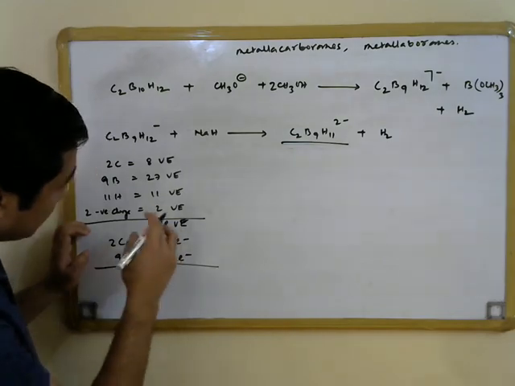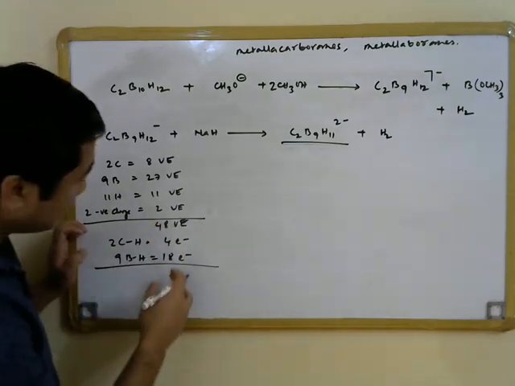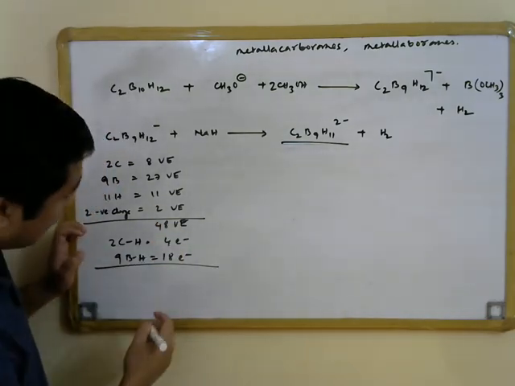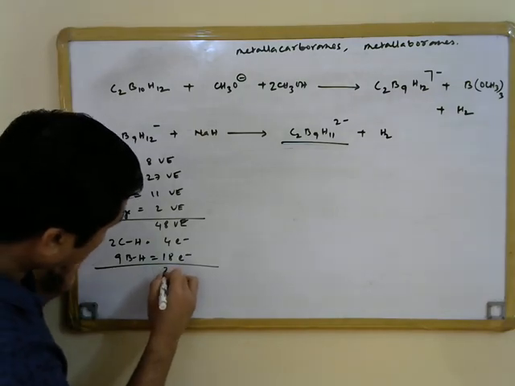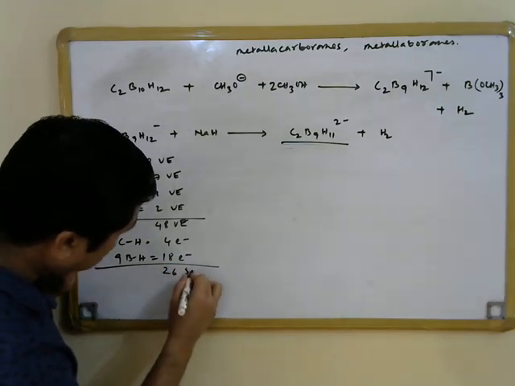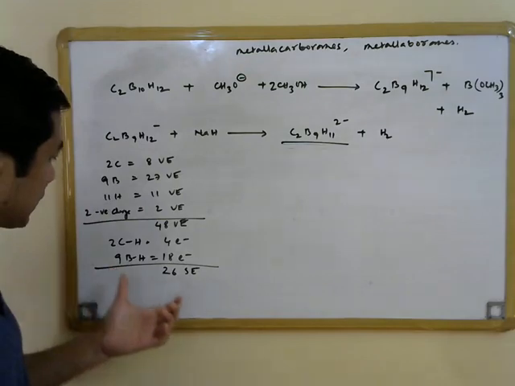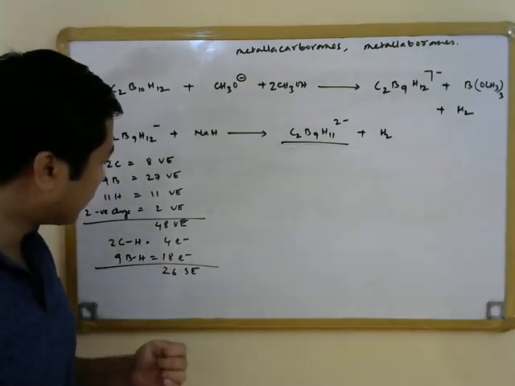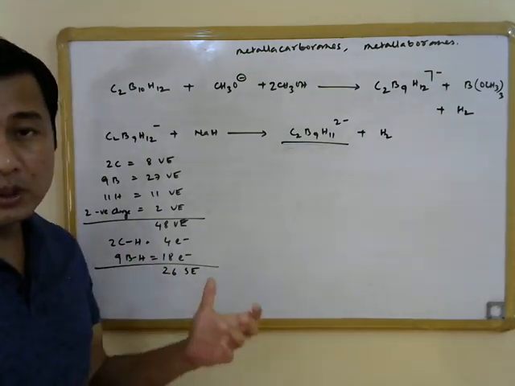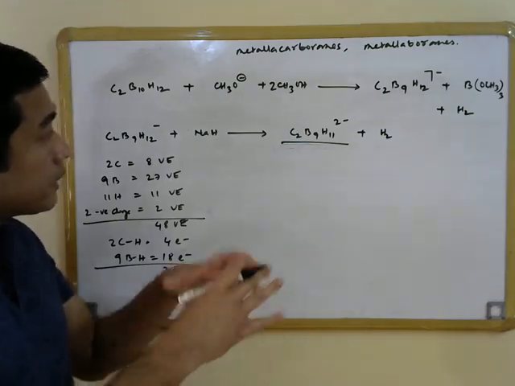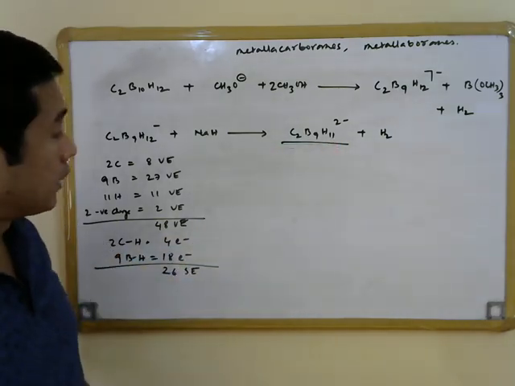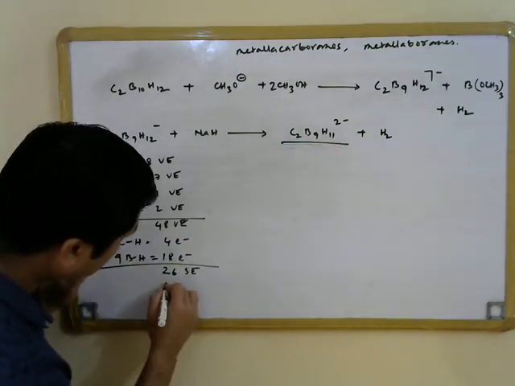So out of 48 valence electrons, if we deduct these 22 electrons, then we will end up with 26 skeletal electrons. So 26 electrons are essentially going to be used for formation of the skeleton in this particular species.